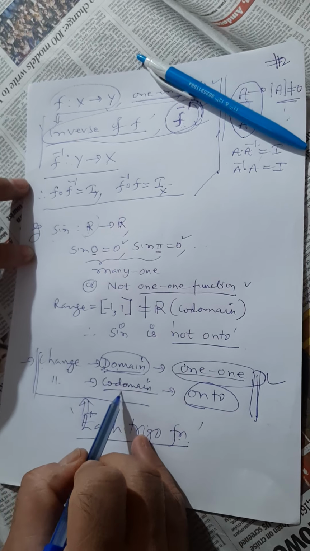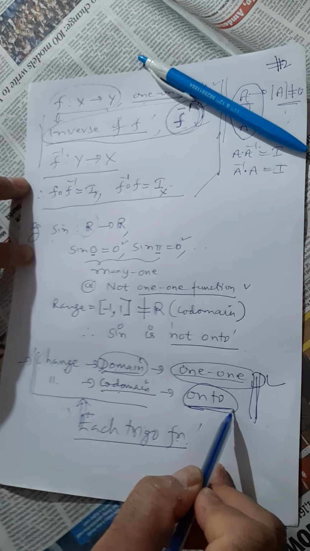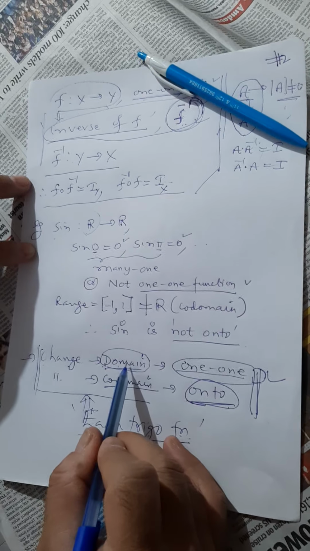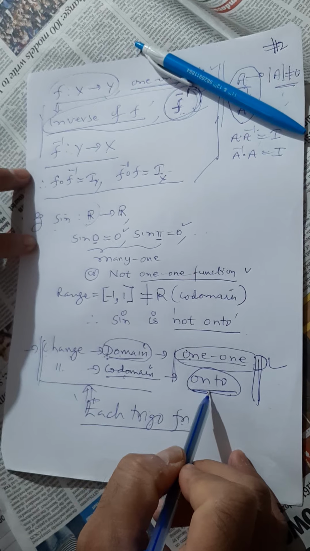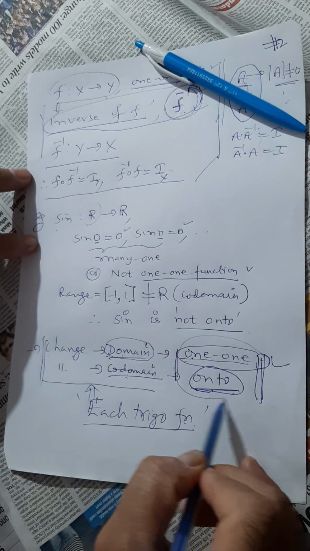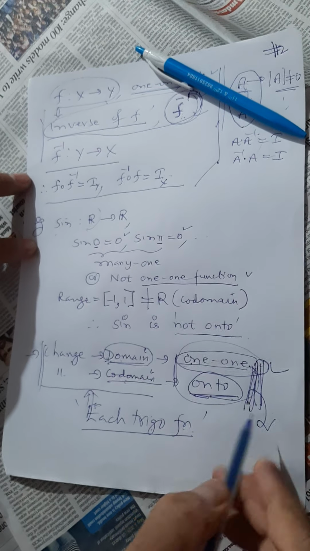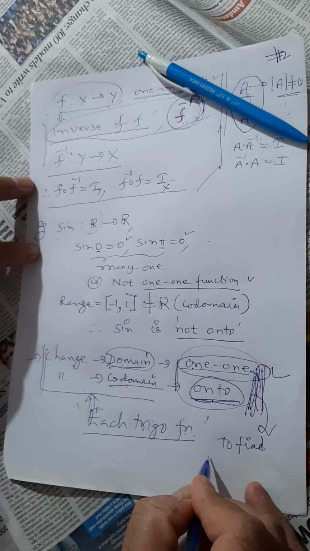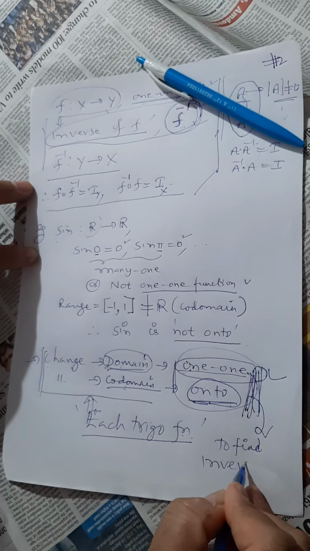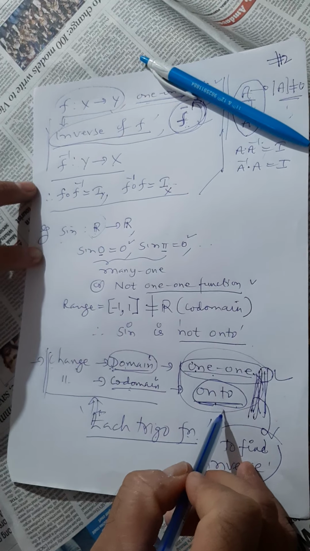Why we change the codomain of each trigo function? To make it onto. Why we do this? We want to convert into 1-1 and onto functions. Why? Because we need the inverse of each trigo function. To find the inverse, remember, we must have a 1-1 and onto function.